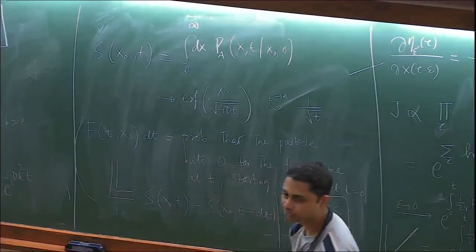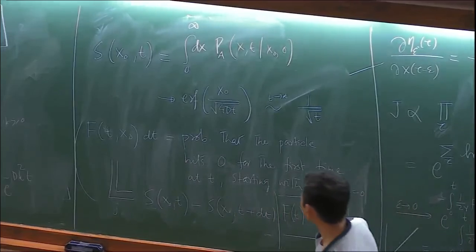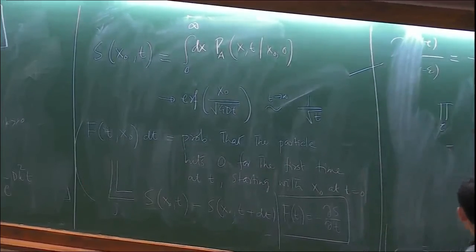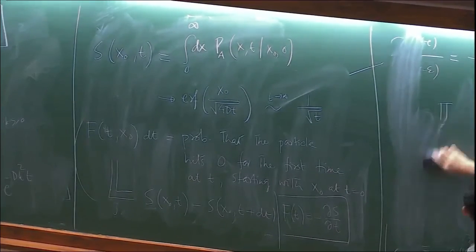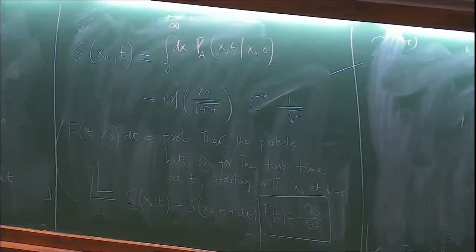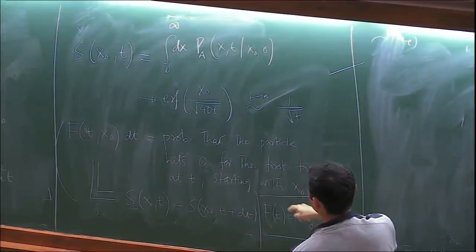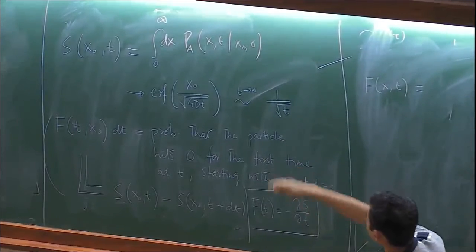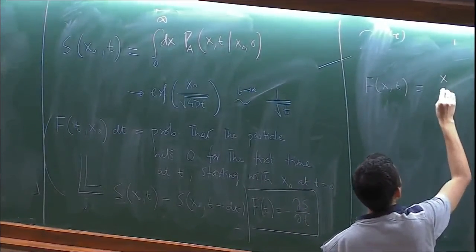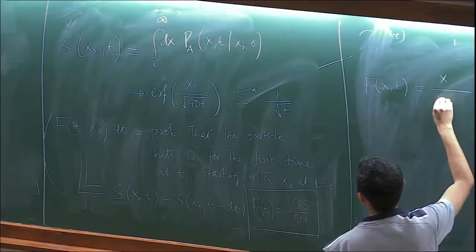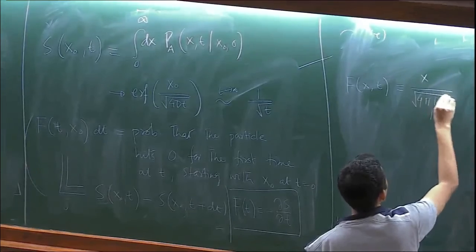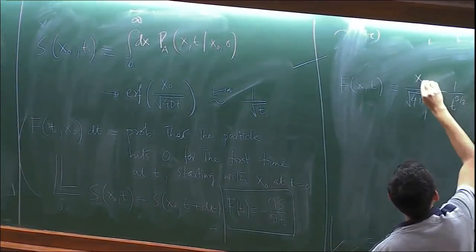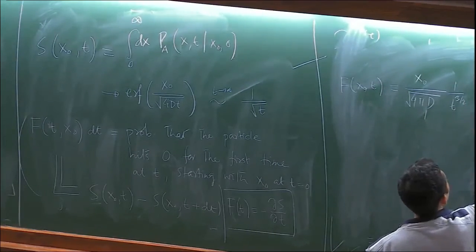So now you can just compute from there. And what you will see, you can find out, it will be the error function, so this will be x by square root of 4 pi D, 1 by t to the power 3 by 2, exponential of minus x0 square by 4Dt.